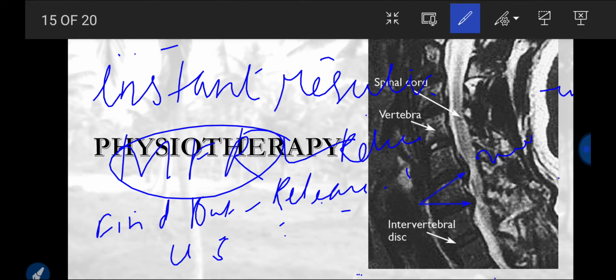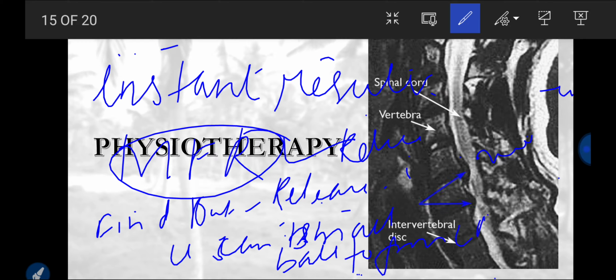You can use some small ball, and just to and fro motion, not a circulatory motion over the trigger point. Okay, then use MFR, and then use ice, because if there is some soft tissue injury, then it will heal automatically when you are giving ice to the patient.